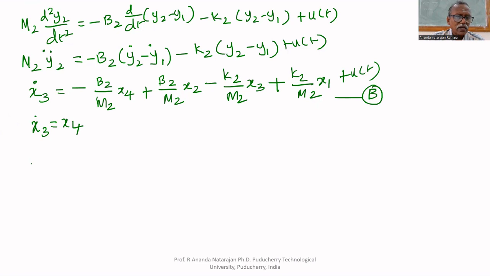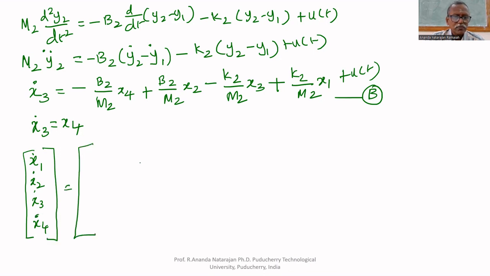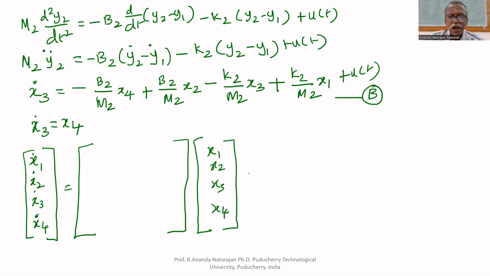Now put all together in matrix form: x1 dot, x2 dot, x3 dot, x4 dot equal to the matrix times x1, x2, x3, x4, plus u.